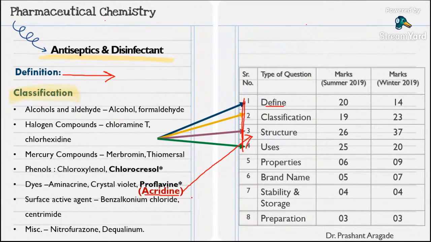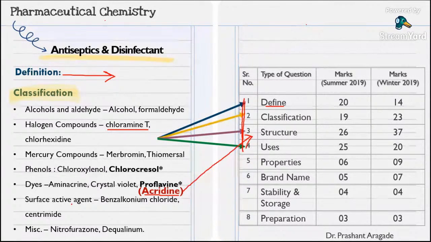How? Suppose in the exam they ask, write down the uses of chloramine T, and you have the habit of reading this classification repeatedly, because you are having only a 100 pages notebook, and you require only 35 to 40 pages to complete all this exercise. And because of short notes, you will be able to revise it very smartly.